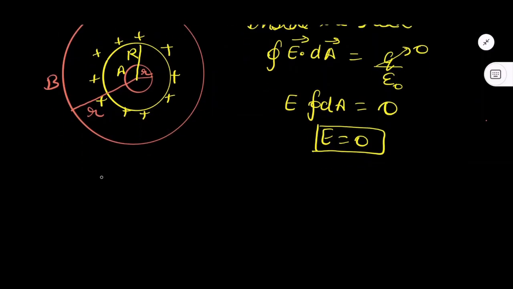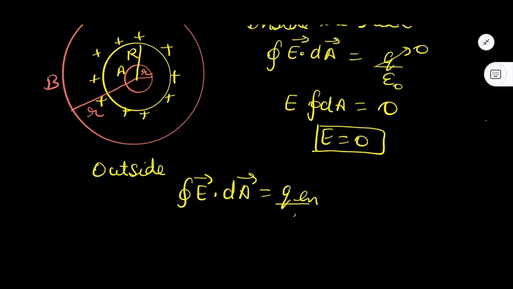Again if we write Gauss law, equal to charge enclosed, the sphere B encloses all of the positive Q charge. So now the whole charge is inside sphere B. Now you understand the difference between the charges and the Gaussian spheres.